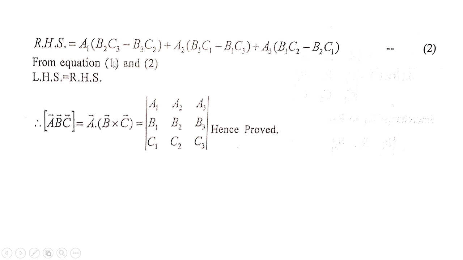So RHS equal to a1 into (b2 c3 minus b3 c2) plus a2 into (b3 c1 minus b1 c3) plus a3 into (b1 c2 minus b2 c1). So from equations 1 and 2 we get LHS equal to RHS. Therefore a bar b bar c bar equal to a bar dot b bar cross c bar equal to the determinant a1 a2 a3, b1 b2 b3, c1 c2 c3.